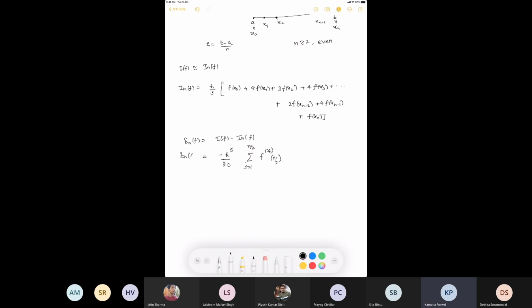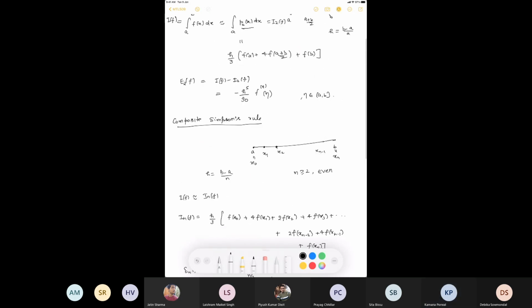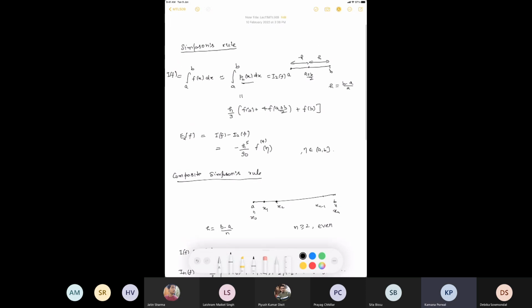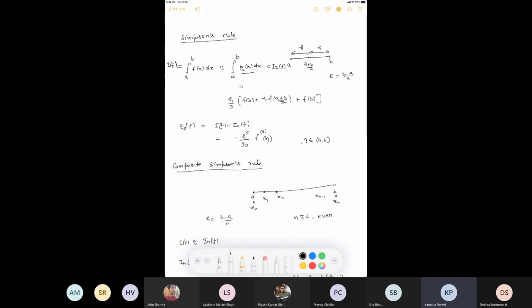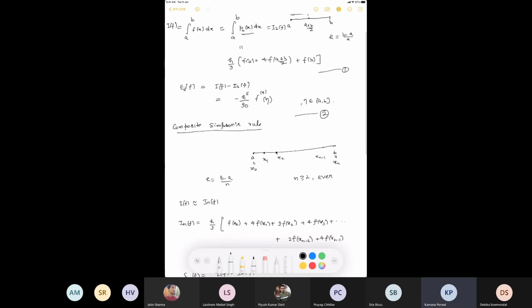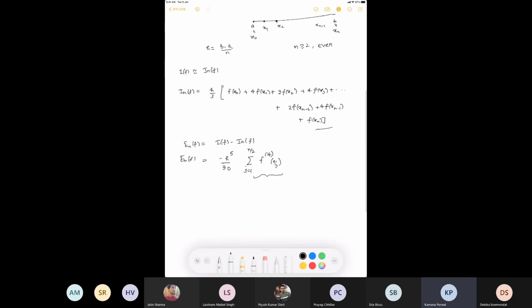Right, and using this, we found the upper bound of this term. That is, we can bound this by the maximum, and that way we could get the upper bound of the error. So let me give these equation numbers, because I will be requiring them further. So 1, 2, 3, and 4.